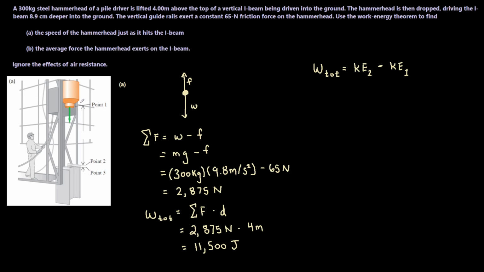And since we know that the hammerhead is at rest at point 1, this initial kinetic energy is going to equal 0. So we can simplify this to simply our final kinetic energy, or the kinetic energy at point 2.